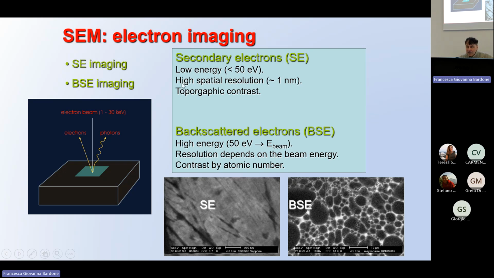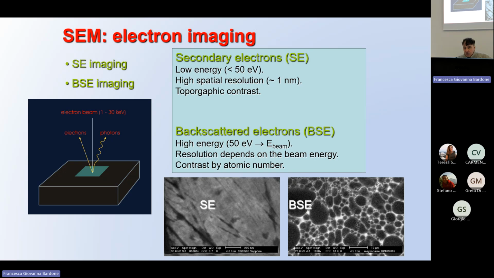Look at this line here, high spatial resolution, 1 nanometer. With these electrons, you can get detail as small as 1 nanometer. Not microns, nanometers. Very, very small. It's nanotechnology. You can detect objects down to the nanometer scale.